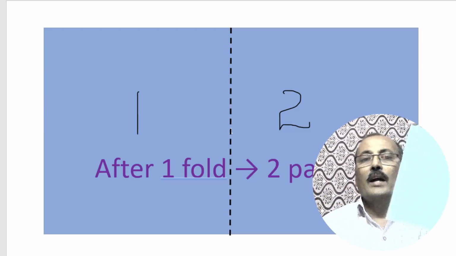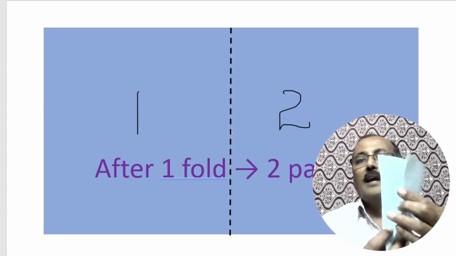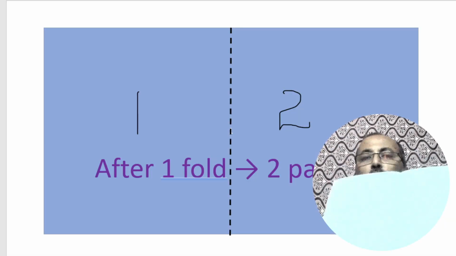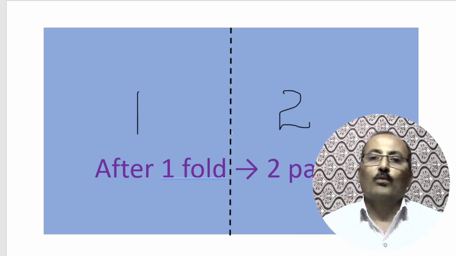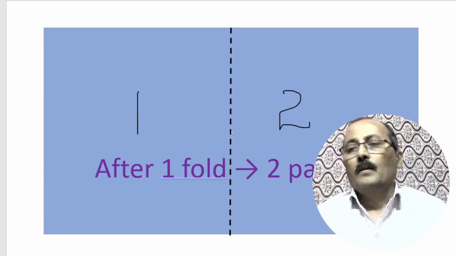Now I have folded this paper, and if I open it, there will be two parts. In the middle, you can draw one line. I hope you can see. After one fold, there are two parts.